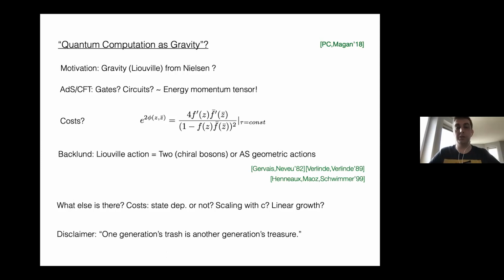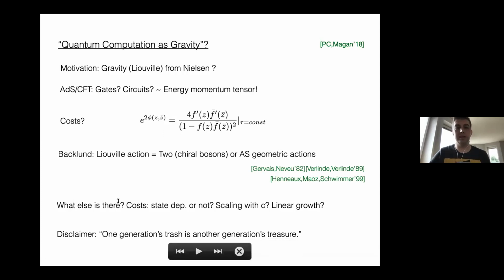And we can write it in terms of 2 chiral bosons, or as also noticed in many other works, among them Alekseev and Shatashvili, these are nothing but the geometric actions on the Virasoro orbits. So this was one motivation of our work, and I'll talk a little bit about that in a second.